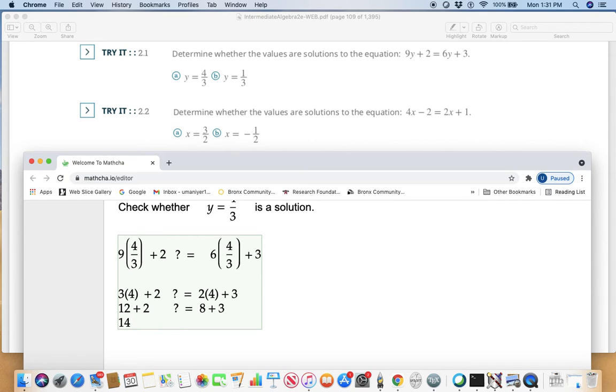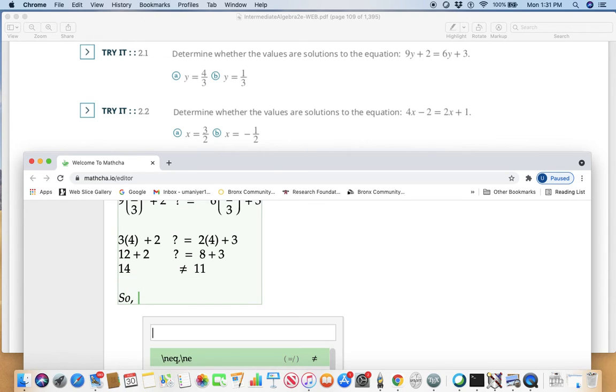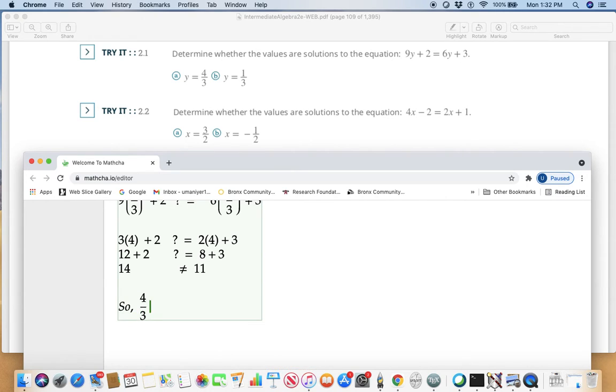Is it equal to 8 plus 3, which is 11? Well, we know it is not. So not equal to 11. So fraction 4 over 3 is not a solution of the given equation.